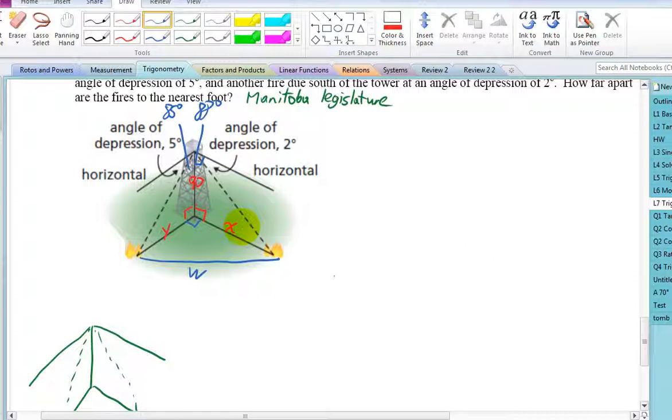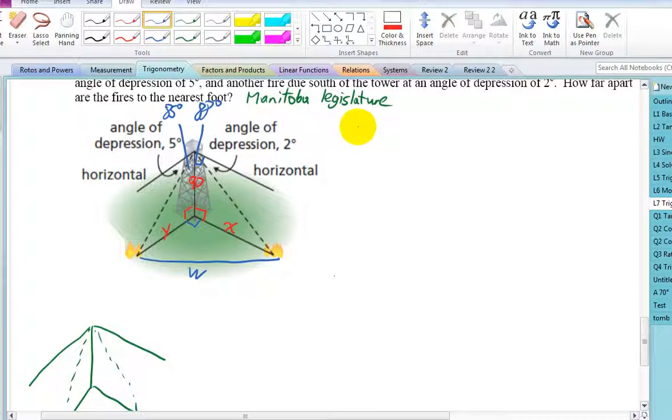Which method would you guys like me to show you? 88, 85? Okay, let's do that, because we haven't done that method yet. So find x and y using 88 up top inside the triangle and 85 up top inside the other triangle. So it's 2 separate questions. Go.